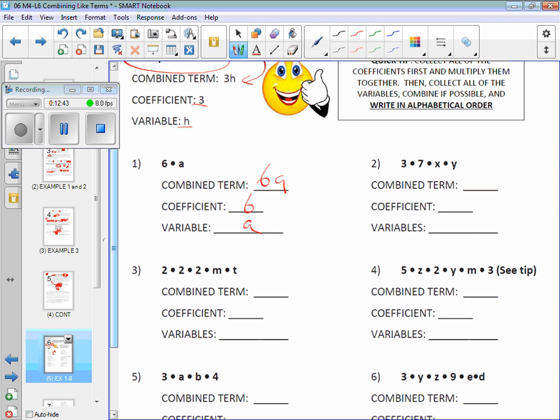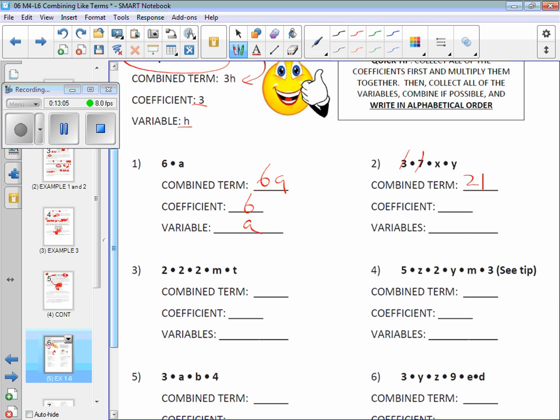Combine your numbers. And I like to cross them out as I do them, so I know not to do it again. It's kind of easy. Allows me to keep track. 3 times 7 is 21. And as I do it, I'll cross it out so I know it's done. X times y. X times y.